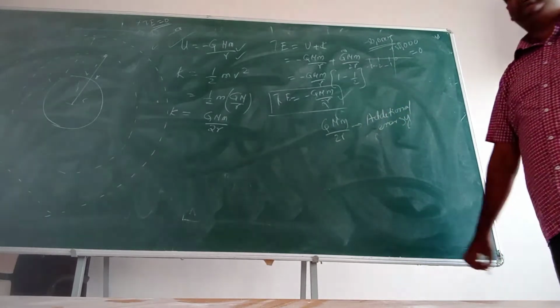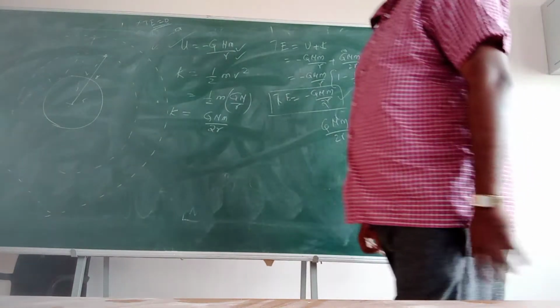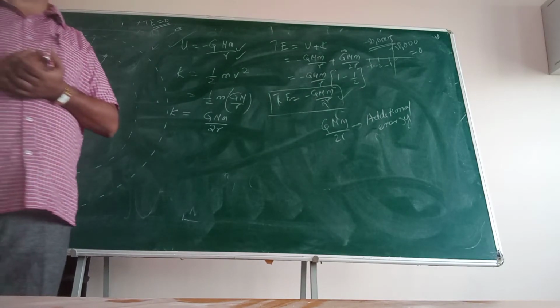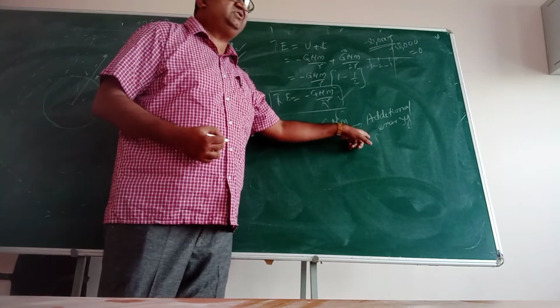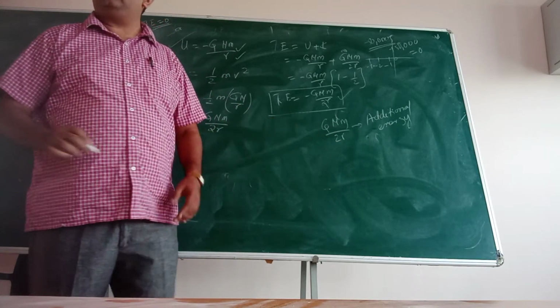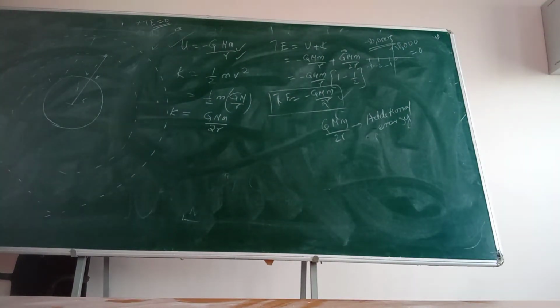When you solve questions, they will ask this type of question: how much additional energy should be provided for the satellite so that it escapes the Earth's gravitational field? Clear now? Just write down this point.